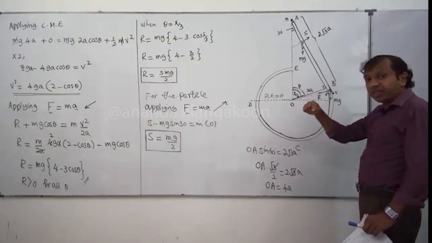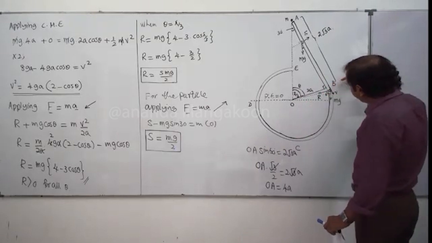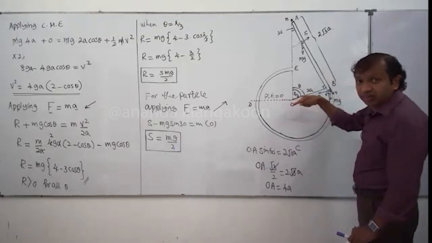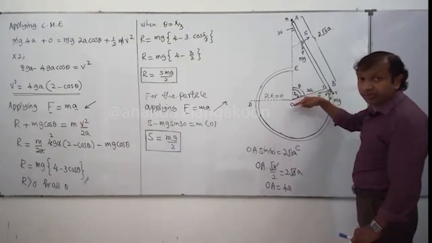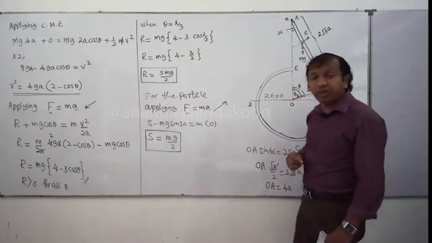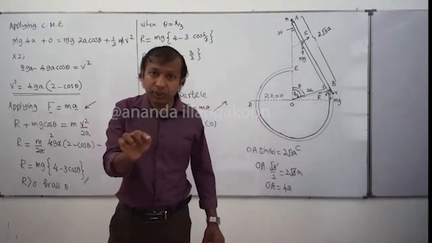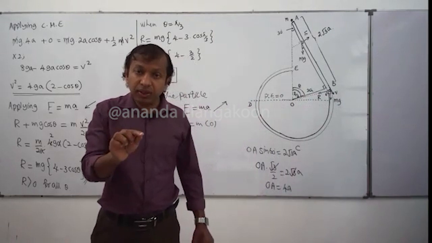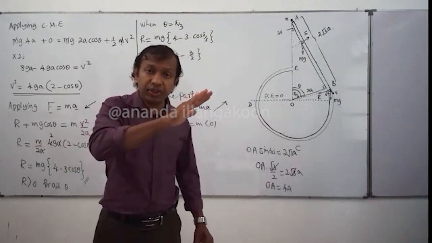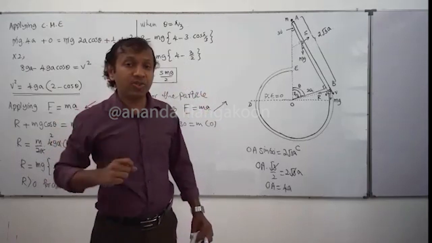Just after the point B, the reaction is R, acting inward towards the center, of magnitude 5mg by 2. So once the particle passes the point B, the outward reaction becomes inward.